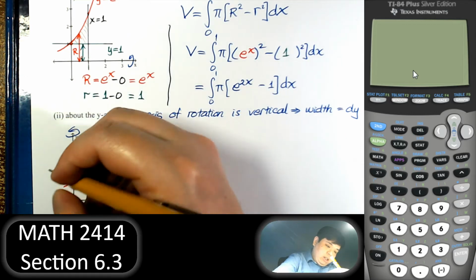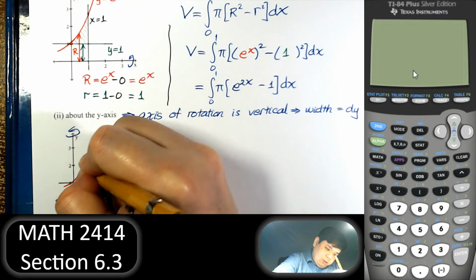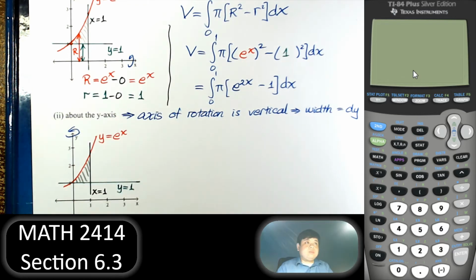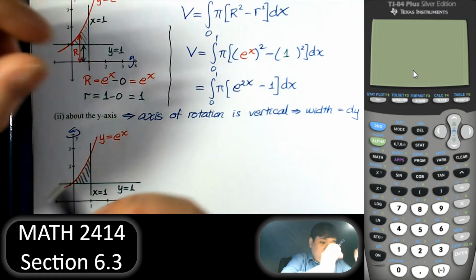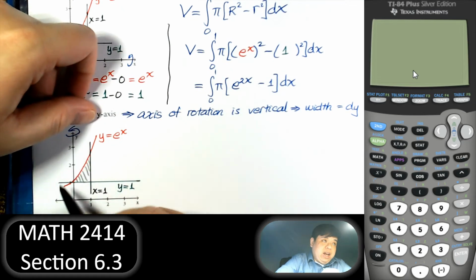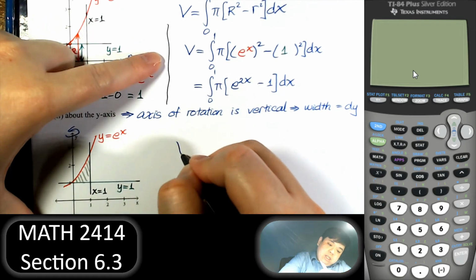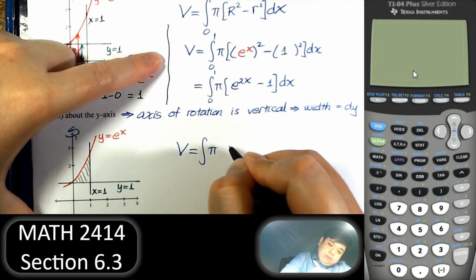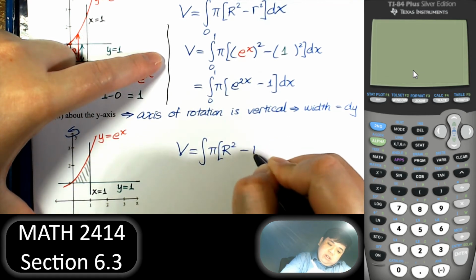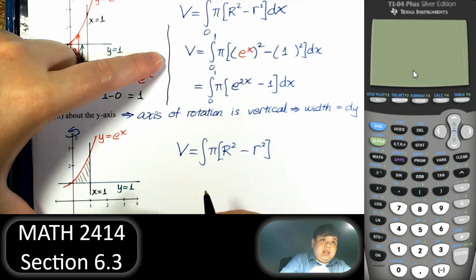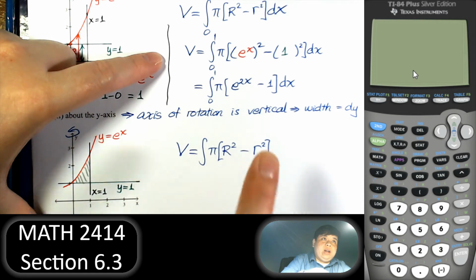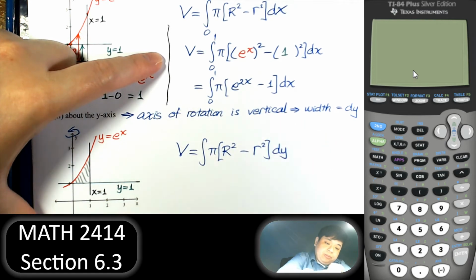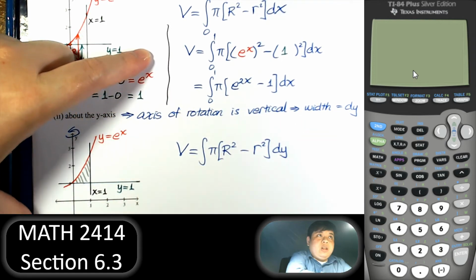The region is here still. Since we use dy, and there is a gap between the region and the axis of rotation, this is also a washer method. If it is not the washer method, we just have one radius, just r squared, and this is dy because the width is dy.